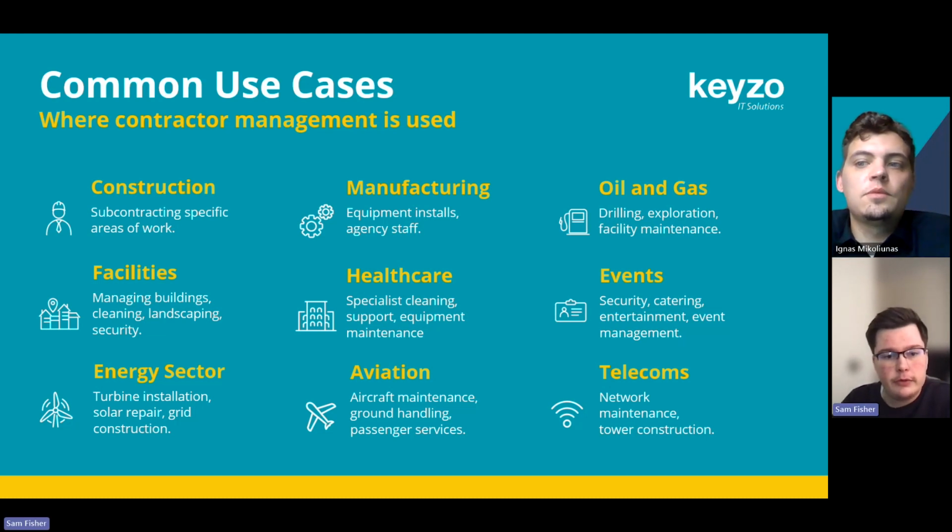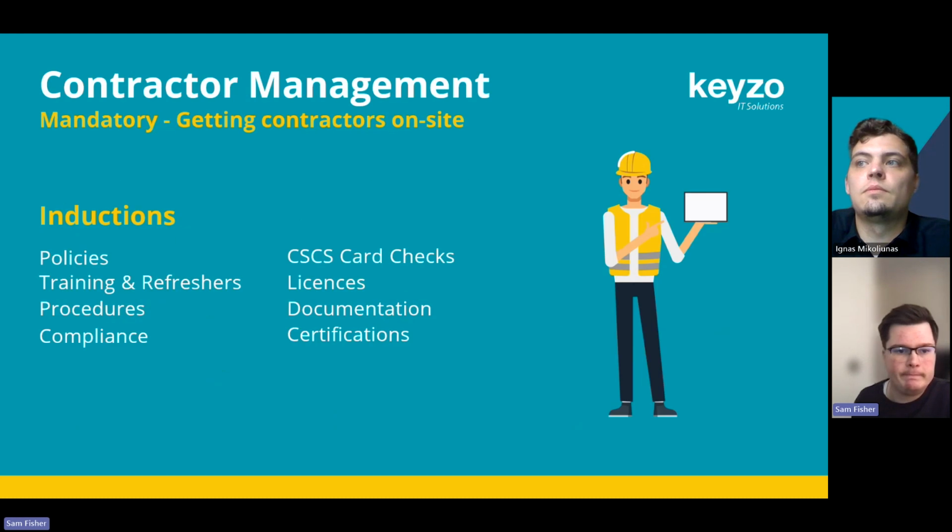Some other examples, another big one is events. Events tend to be an industry where a lot of different specialist fields come together to create an event. And then you've got things like aviation, facilities, healthcare, manufacturing, which are all frequent users of typical contractor management solutions.